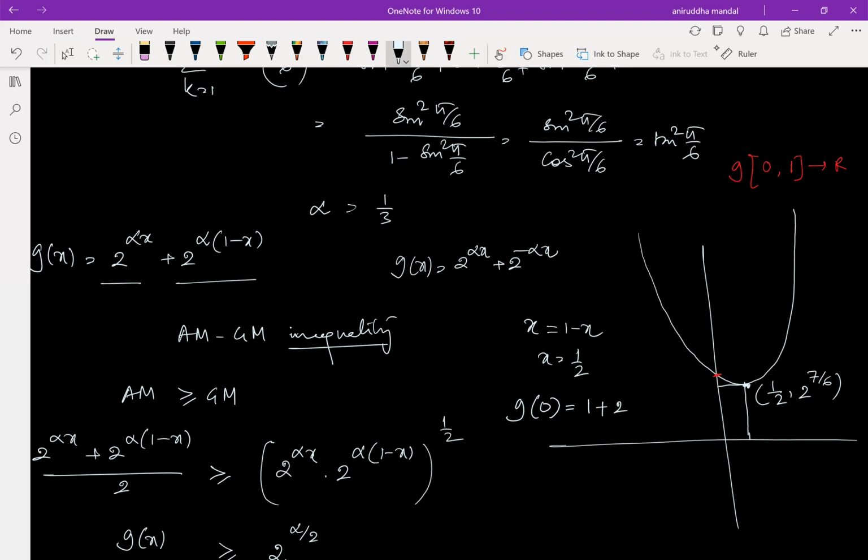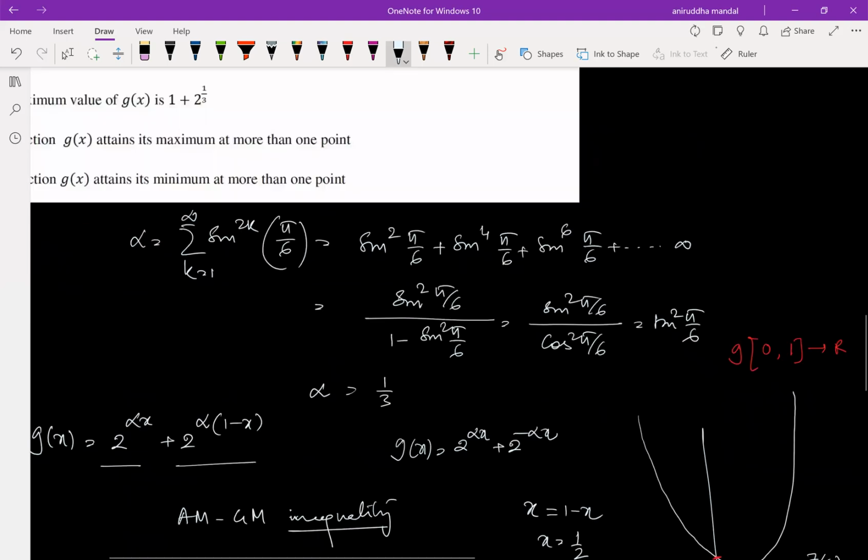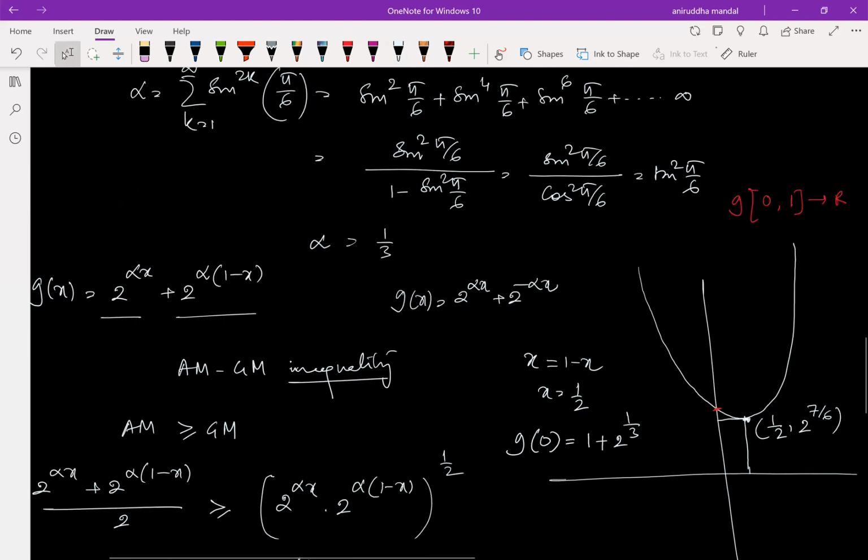Alpha means 1 by 3. So 2 to the power 1 by 3. So this is the first point, 0 comma 1 plus 2 to the power 1 by 3, and now put x at 1.